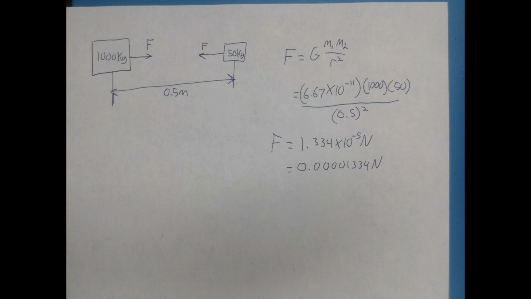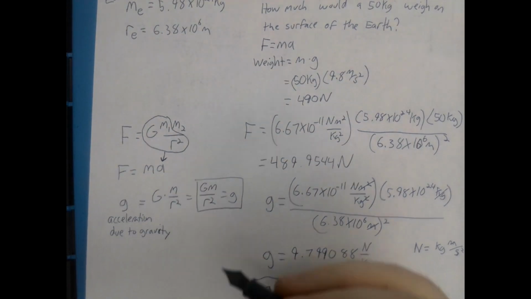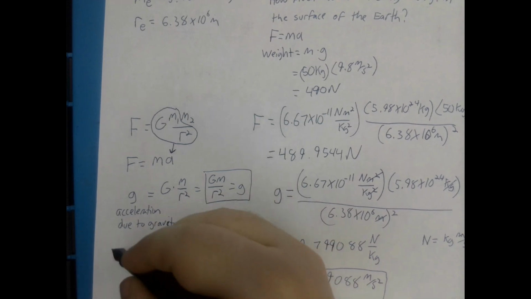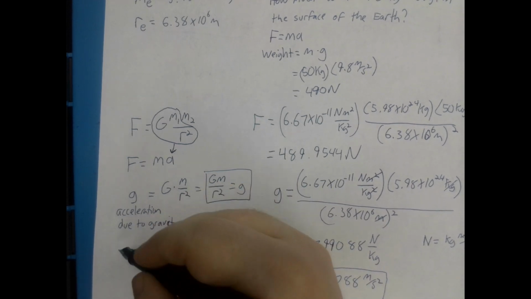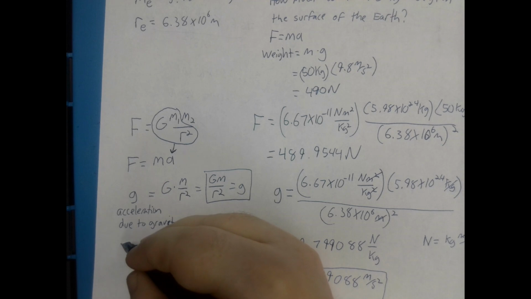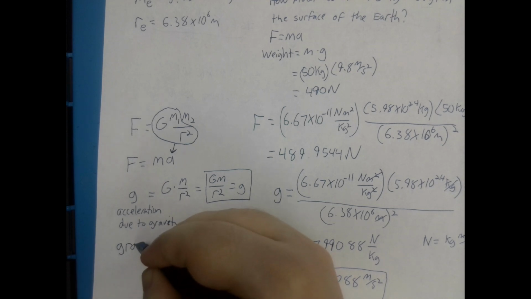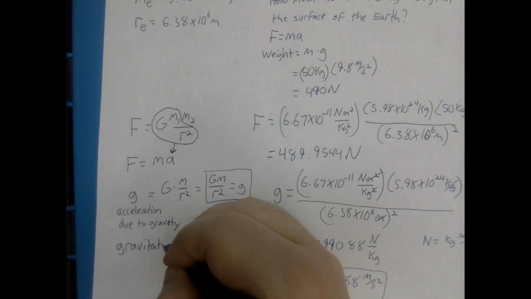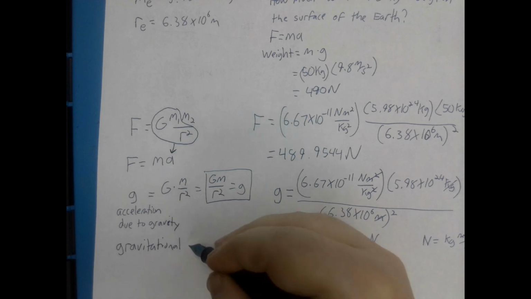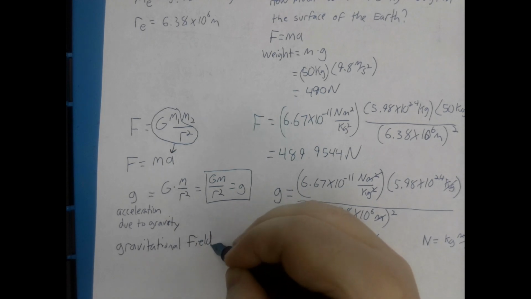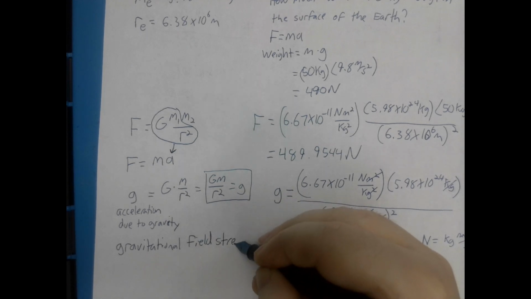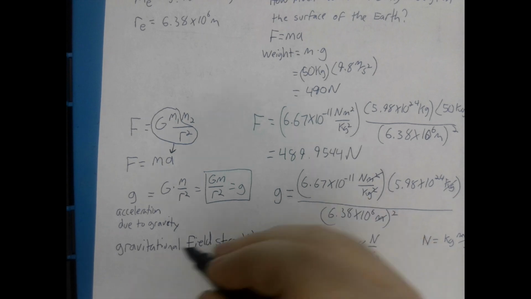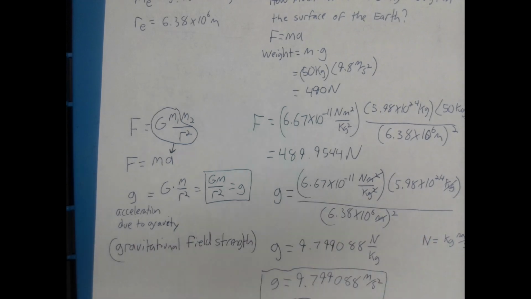By the way, let me go back over here. Another name for this term: we can think of gravity as a field. We can also call this term gravitational field strength. It is another term for acceleration of gravity.